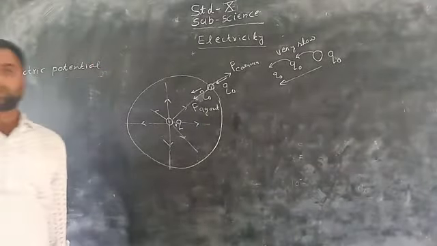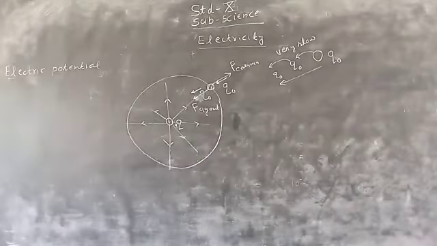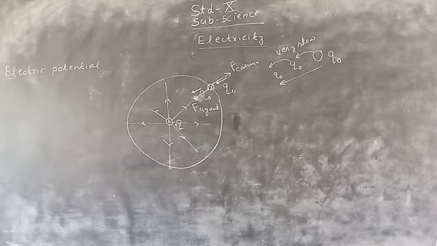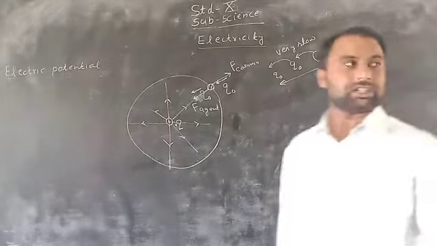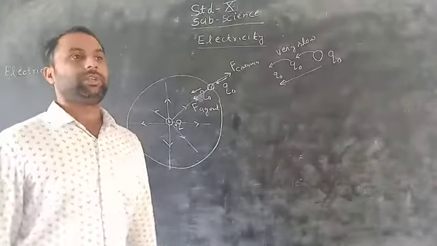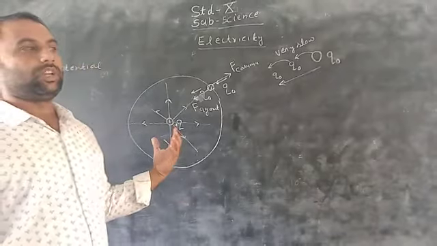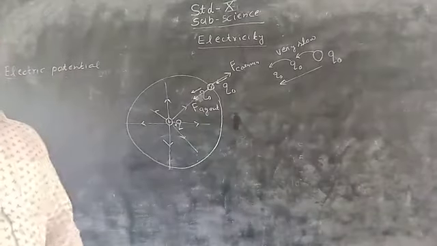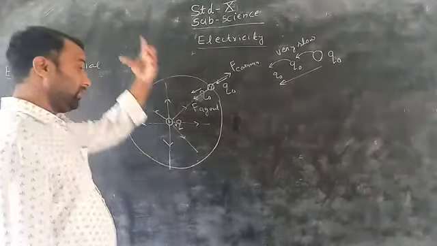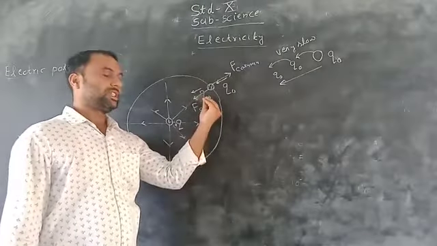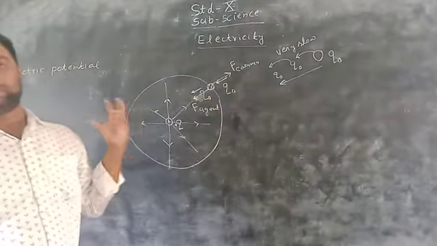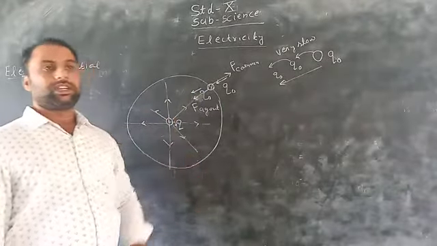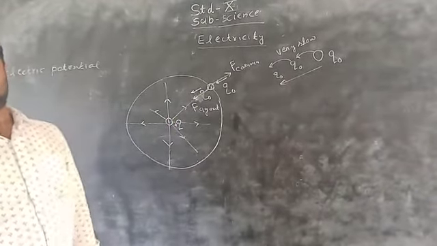This Coulomb force is totally neutralized by the external agent, and this Coulomb force is exactly equal to the agent's force, because at that particular instant both forces are equal, so the charge is in balance and moves very slowly. And if this external agent is acting, then it does some work, and this work is stored in the form of potential energy.